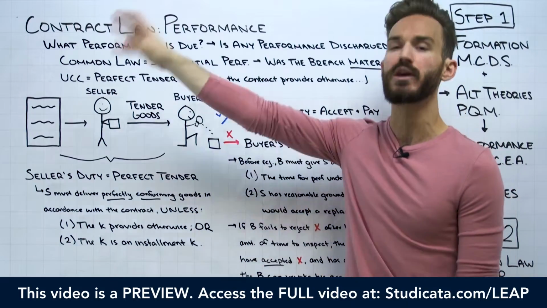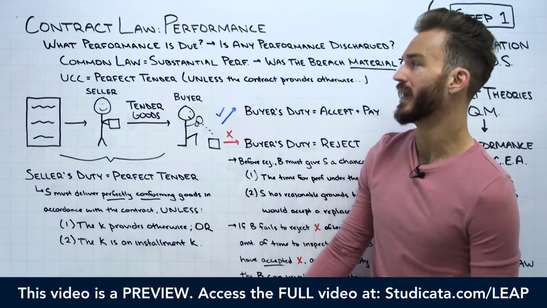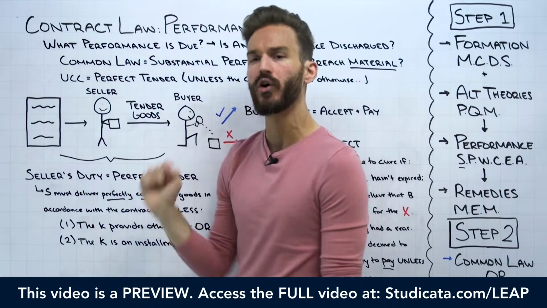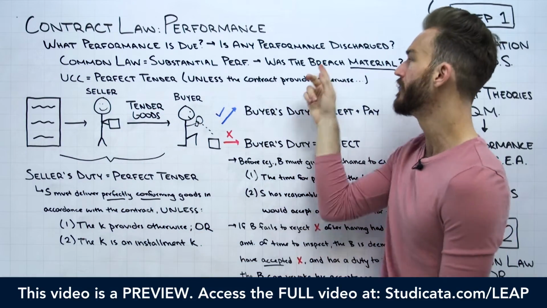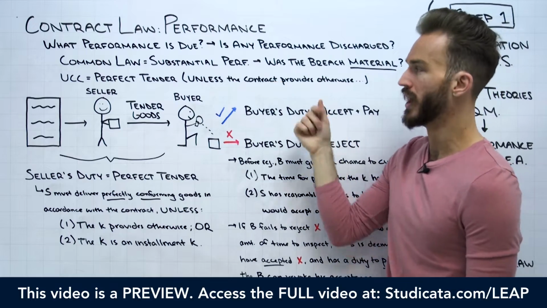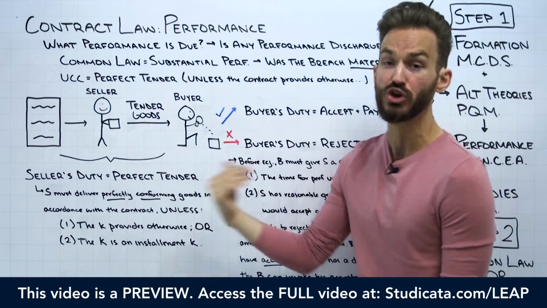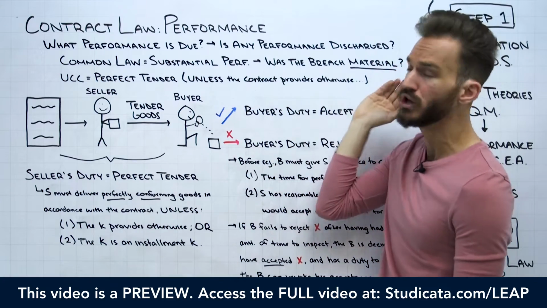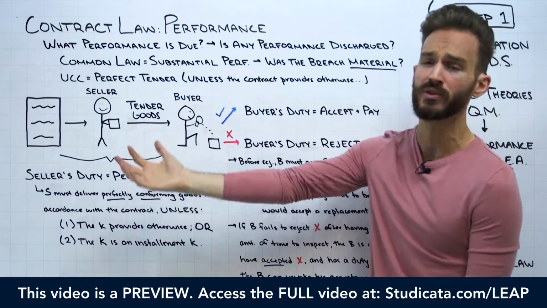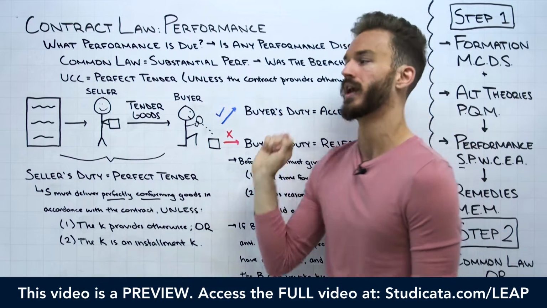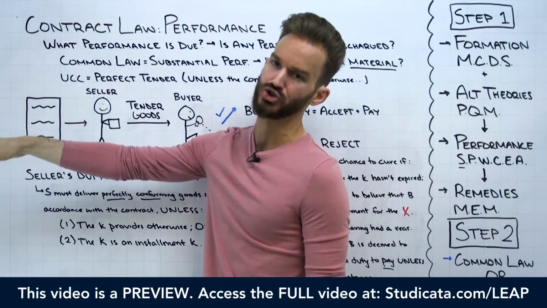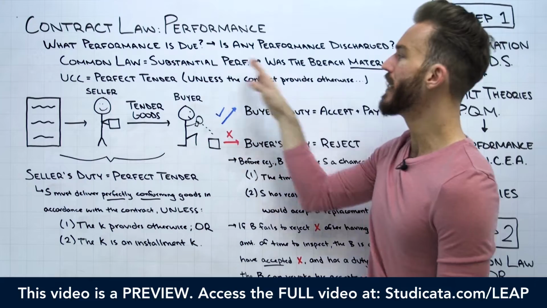But the real key, right, the effect that we're getting at is the non-breaching party will still have to perform if the breach was not material. If the other side substantially performs, you still have to perform, right? You don't get performance excused or non-performance excused. Your performance is not discharged if the other side substantially performs, right? So that's the main idea here.